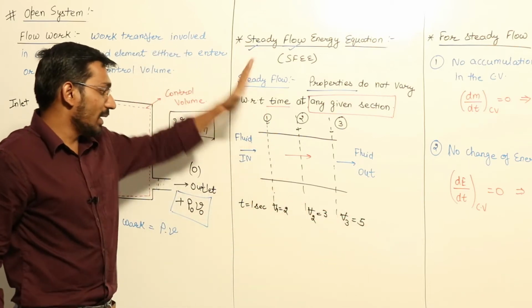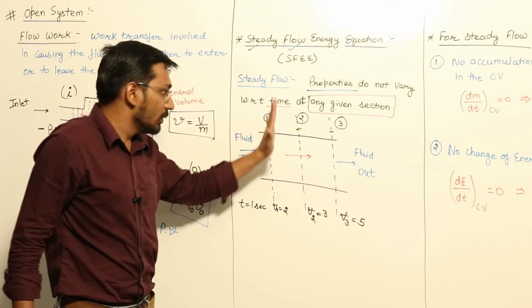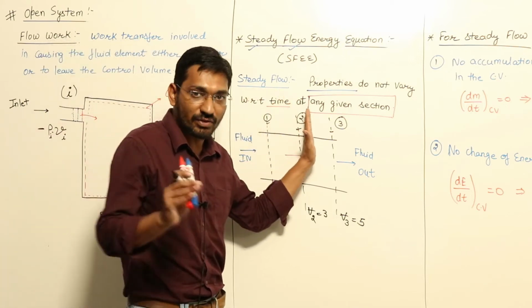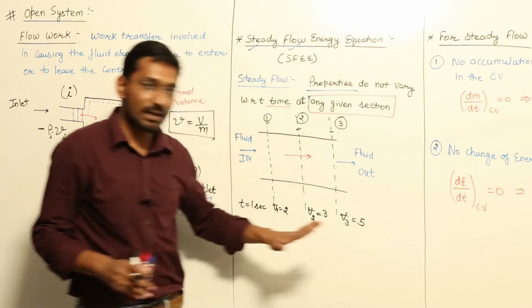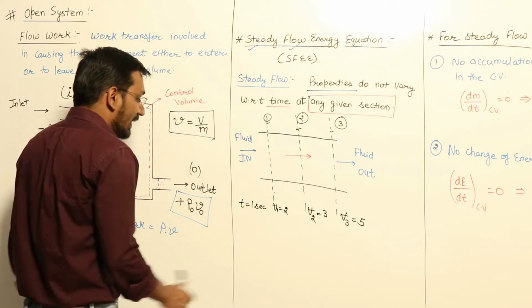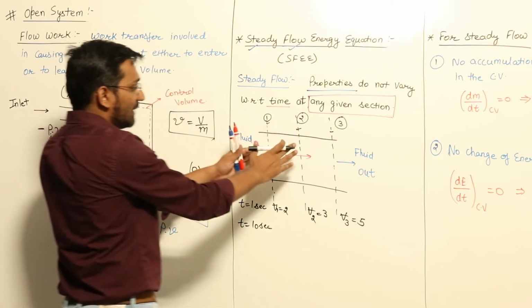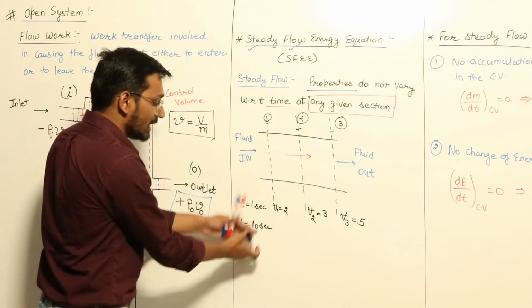Suppose when t is equal to 1 second, velocity here is 2, velocity at this point is 3, and velocity at this point is 5. Now the time is going on. So after 10 seconds, if I see this pipe, time changes.